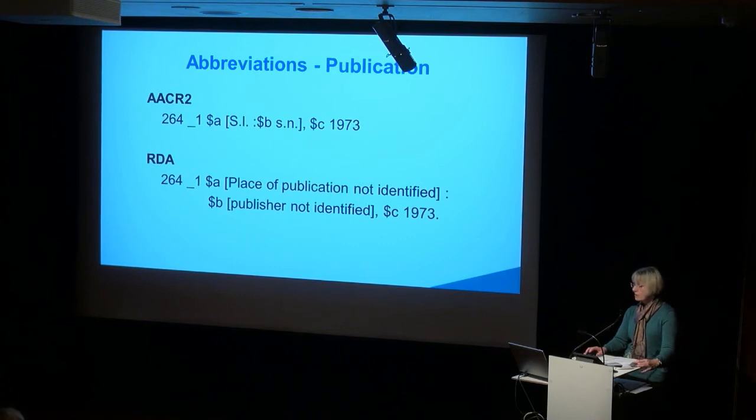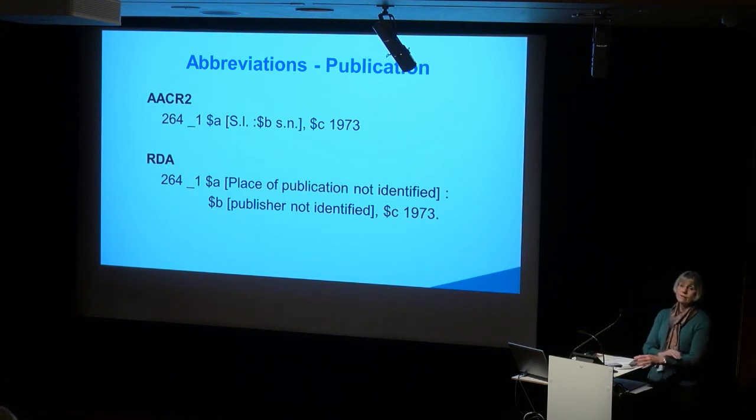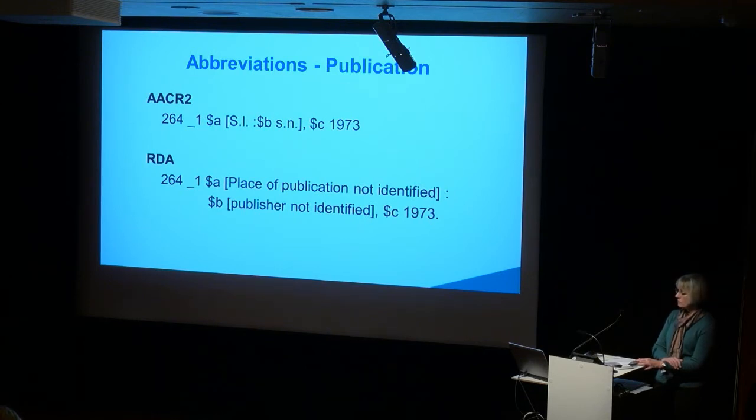So abbreviations in the publication, we're used to using the old s.l. and s.n. Now, if we don't have a place of publication or a publisher, we use the terms place of publication not identified and publisher not identified. There is also an equivalent for the date.